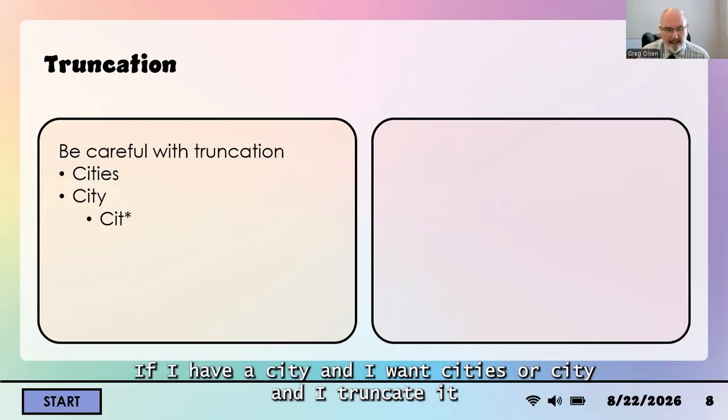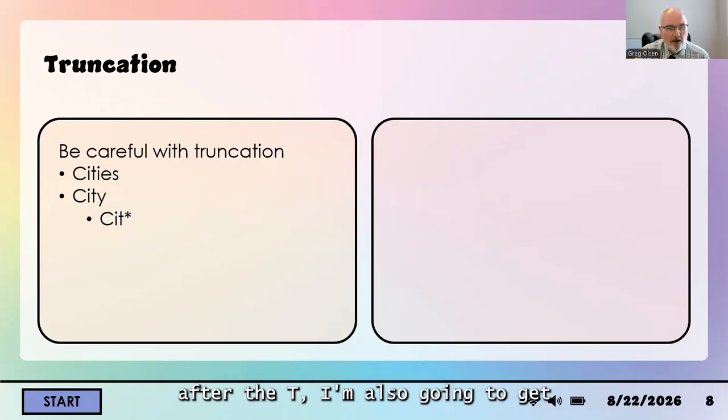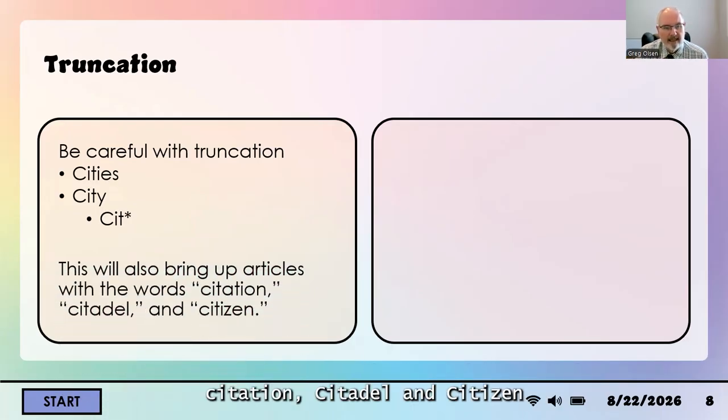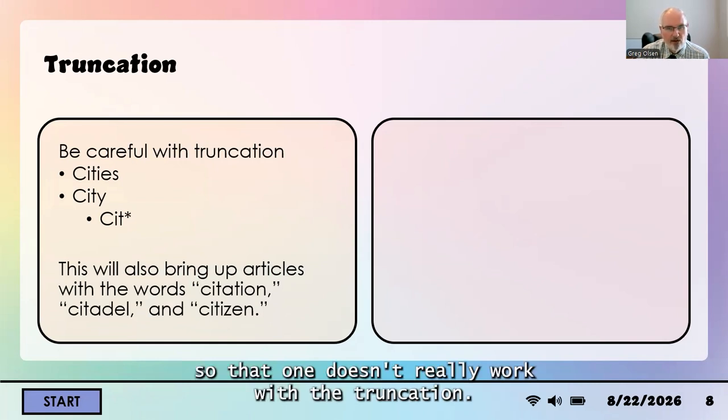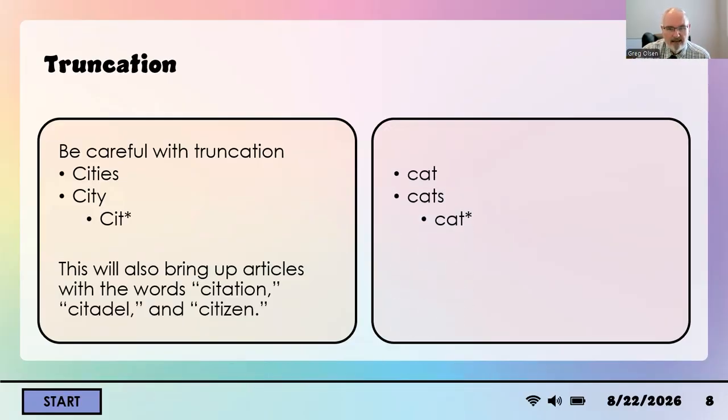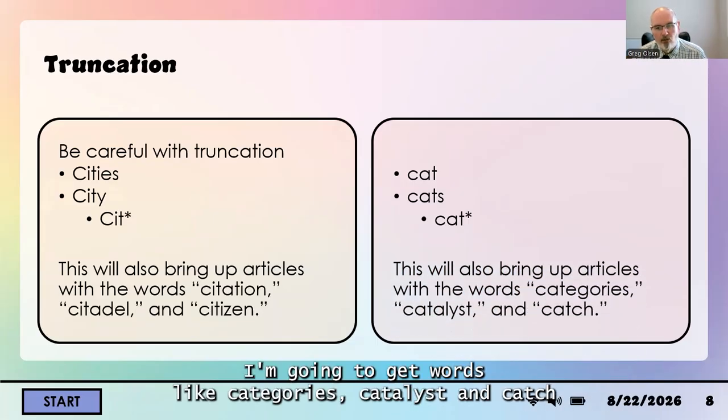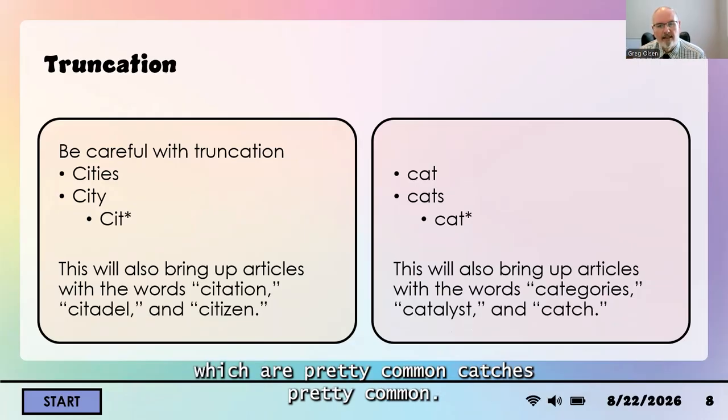Now we do have to be careful with these. If I have city and I want cities or city, and I truncate it after the T, I'm also going to get citation, citadel, and citizen. So that one doesn't really work with the truncation. Same as if I'm looking up cat or cats and I put CAT, asterisk, I'm going to get words like categories, catalyst, and catch, which are pretty common.